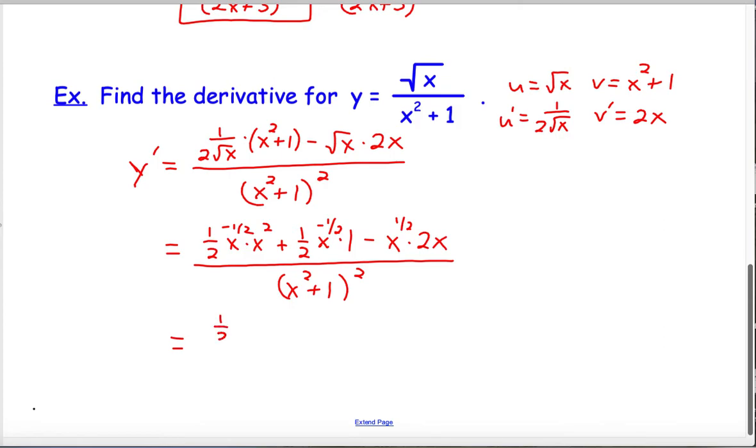I'm going to get 1/2, and then x to the negative 1/2 times x to the second gives me x to the 3/2 power, plus 1/2 x to the negative 1/2 power, and then minus 2 x to the 1/2 times x to the first gives me x to the 3/2. So I have some like terms there I can combine, all over x squared plus 1 quantity squared.